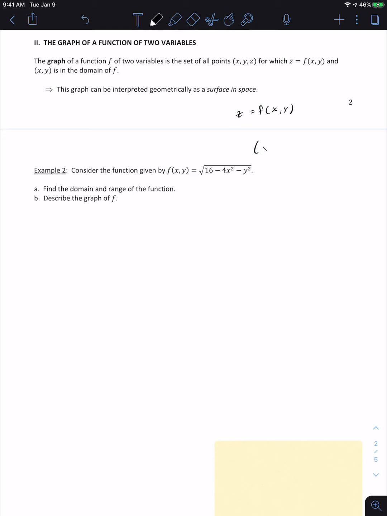So I have this x and I have this y that I plug in, and then I get an f of x, y value, or a z value, that will be my third component. So that's why this is 3 dimensions and it can be interpreted as a surface in space. So I plug in an x and y point, I get a z point, which will correspond to the x, y, and z components of a surface in space.